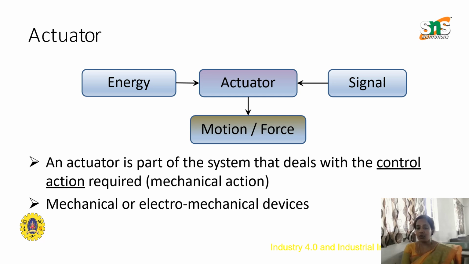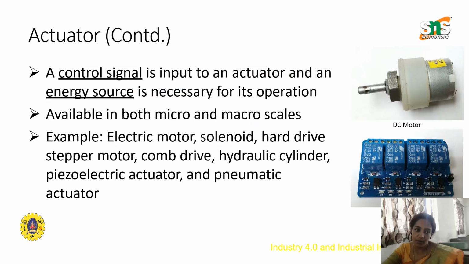Actuators are nothing but mechanical or electromechanical devices. Actuator, a control signal, as I told already. The picture of the DC motor is mentioned here. A relay is also mentioned here. Both are nothing but the solenoid. Solenoid is also mentioned here. Both are nothing but the actuators.